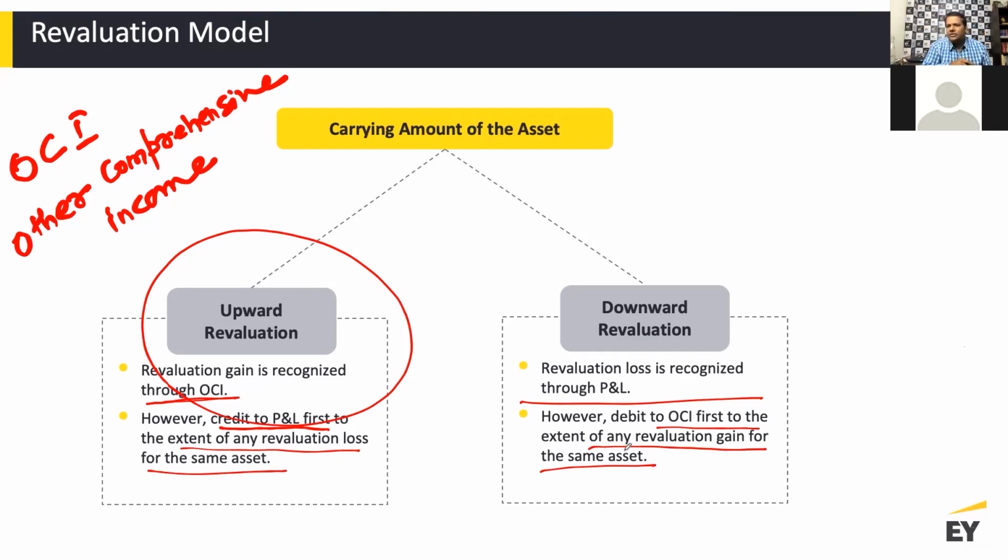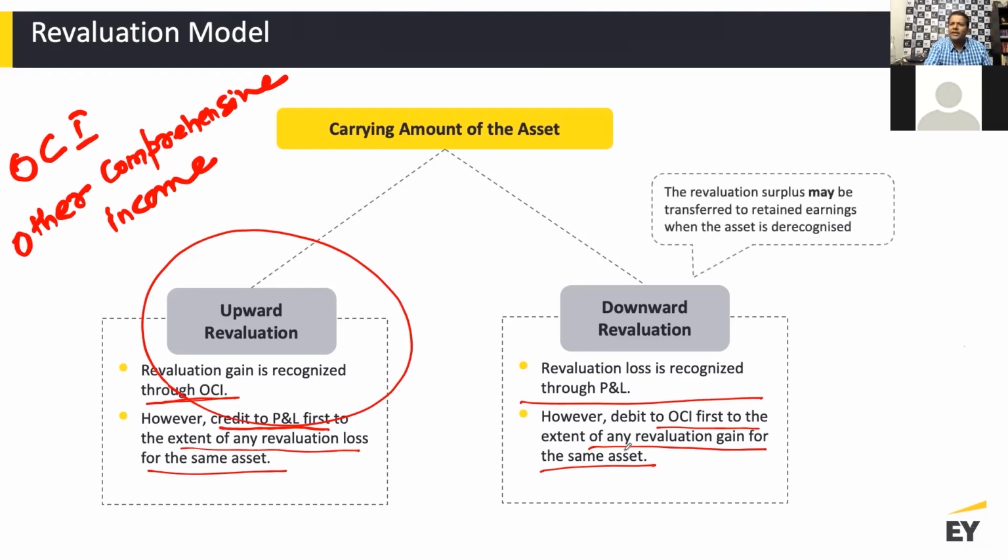However, if previously the value was decreased, then you first credit the P&L to recoup that loss, and then it goes to OCI again. And again we will try and explain this with the help of an example. If there is any decrease, it will be charged to the P&L. However, if previously you had recorded an increase, then the decrease will also first go to OCI and then come to the P&L for the remaining amount. Let's try and understand this with the help of an example.